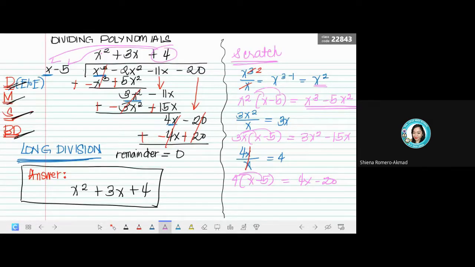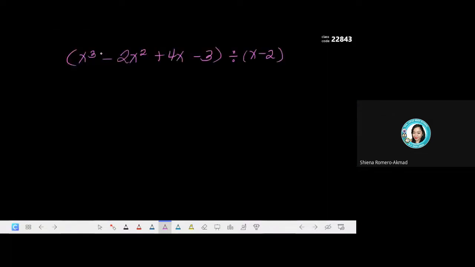So we have x cubed minus 2x squared plus 4x minus 3 divided by x minus 2. Lagyan lang natin ng parenthesis kasi grouping yan. Ito ba yon? Hindi naman ito yun eh. Minus 22 eh.